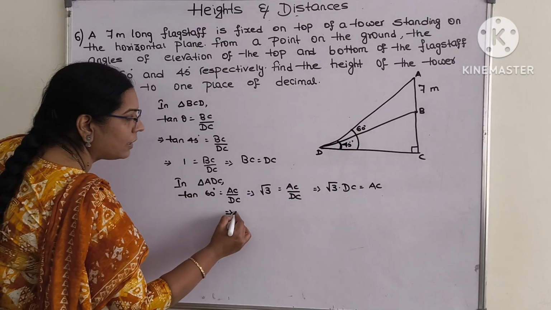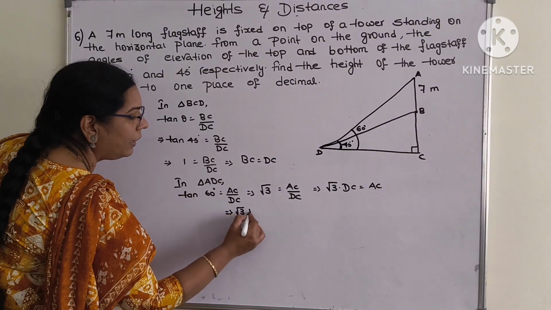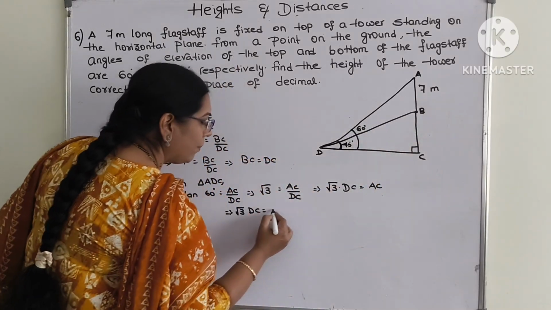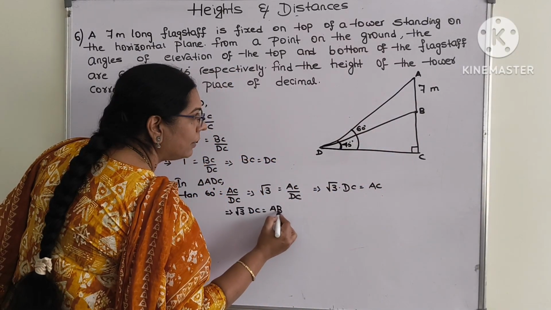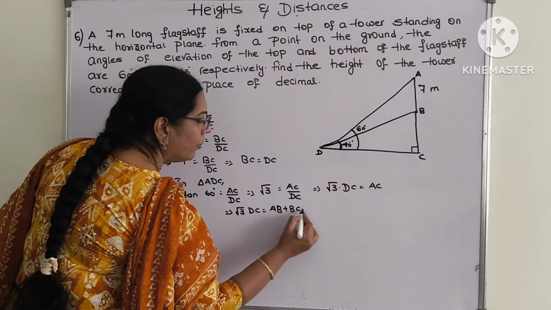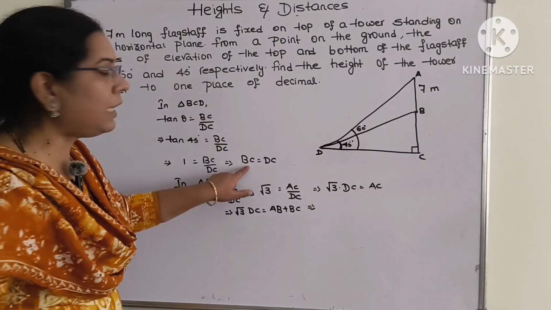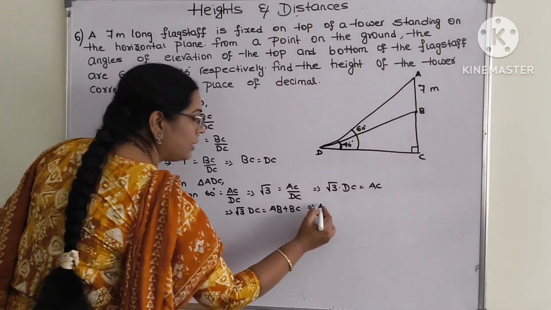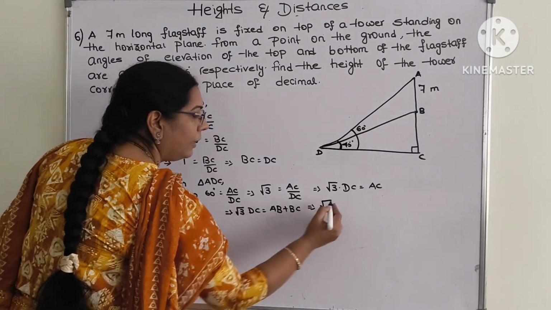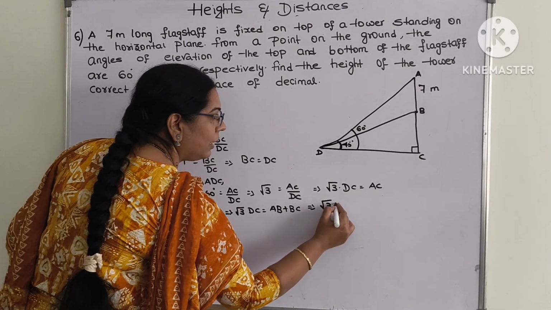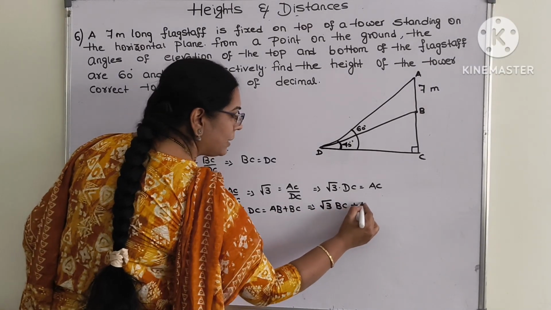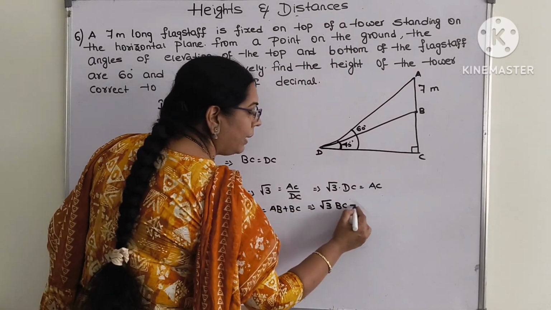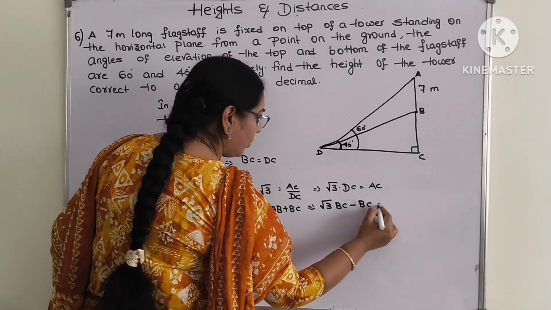So that implies root 3 DC is equal to AC, which can be split as AB plus BC. BC and DC are the same, so I can write root 3 BC, and I will get BC to this side, so it will become minus BC is equal to AB.